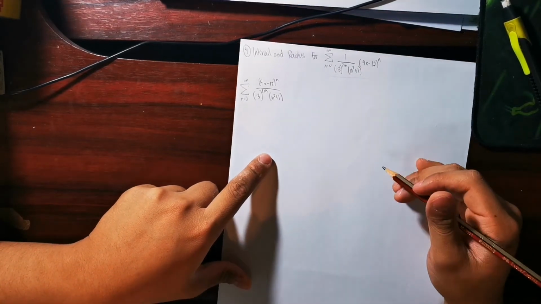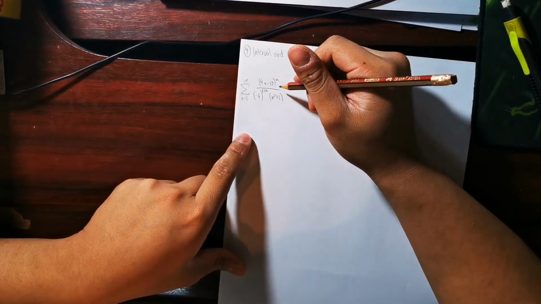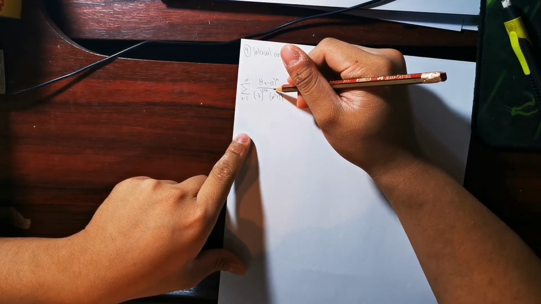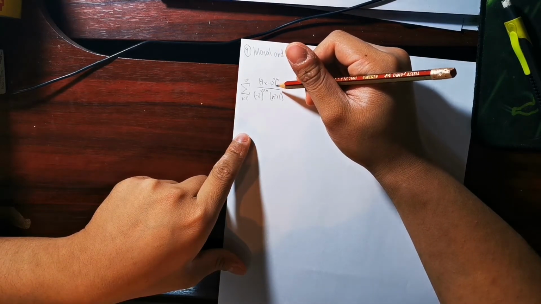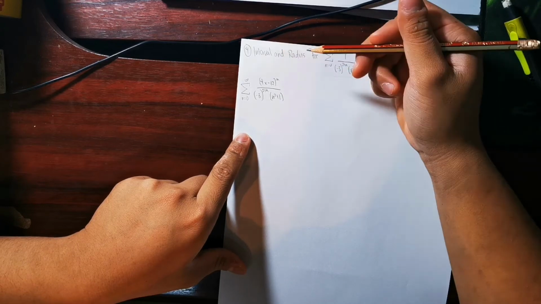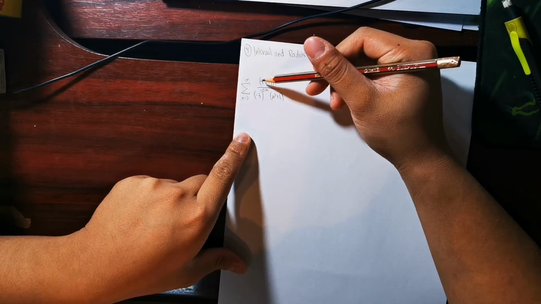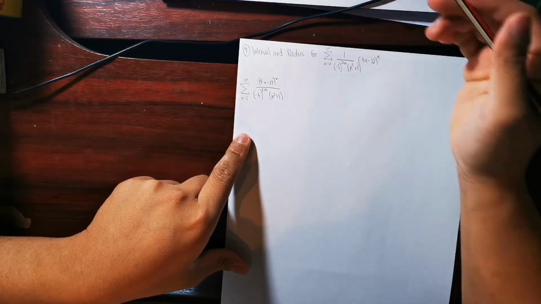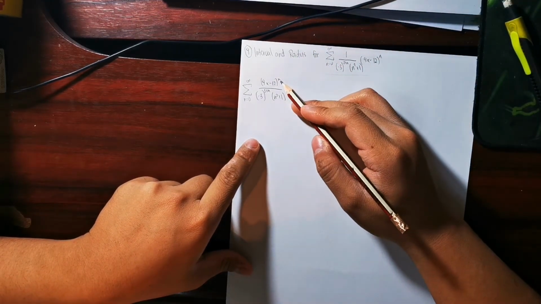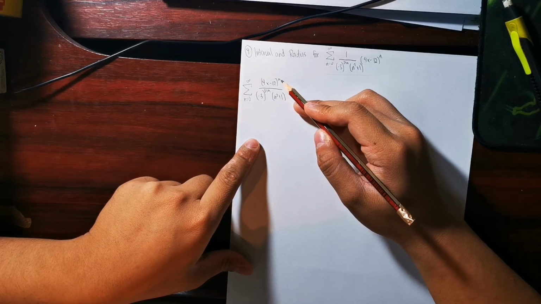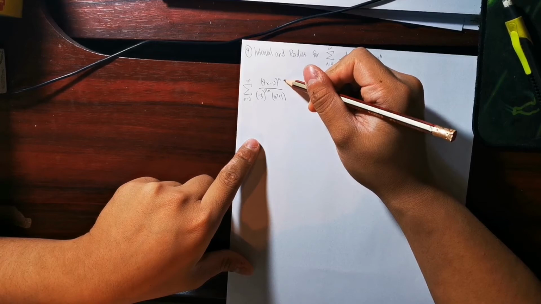So here we have to look for the absolute value. We have to split this term, get the reciprocal of this one, numerator and denominator. And then for every n variable that we can see, we will just add 1.